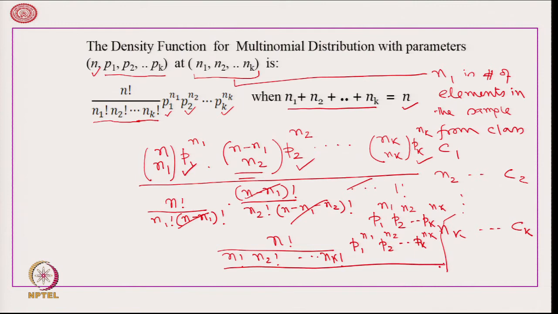So, that is how the multinomial density function is obtained. I hope most of you are familiar with this, but still I wanted to clarify the density function.